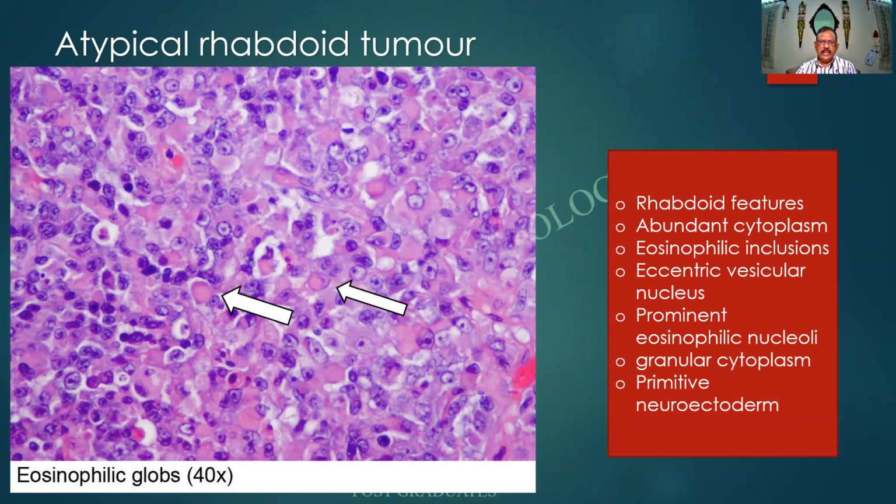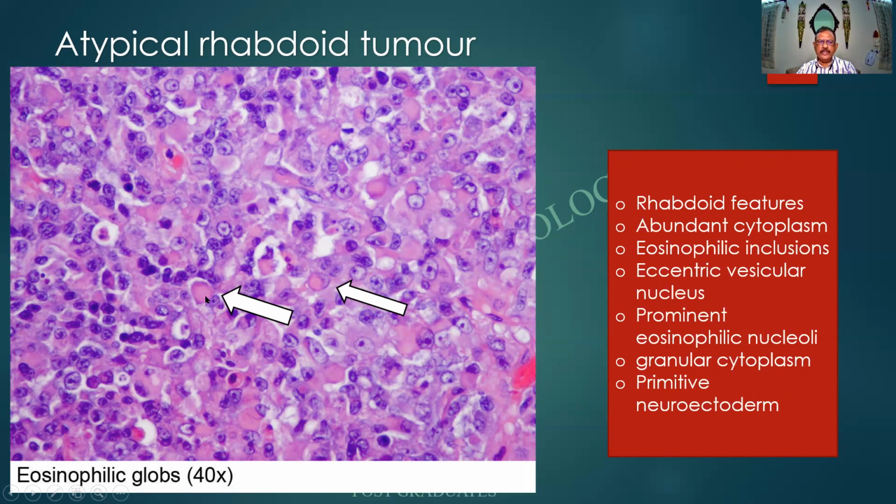In most of this, I find that the cells will be poorly differentiated or undifferentiated. In the sense, I cannot identify the cell of origin. That is the meaning of undifferentiated. Yet, they will be having rhabdoid features. Rhabdoid means you have the strap cells or the regular cells.